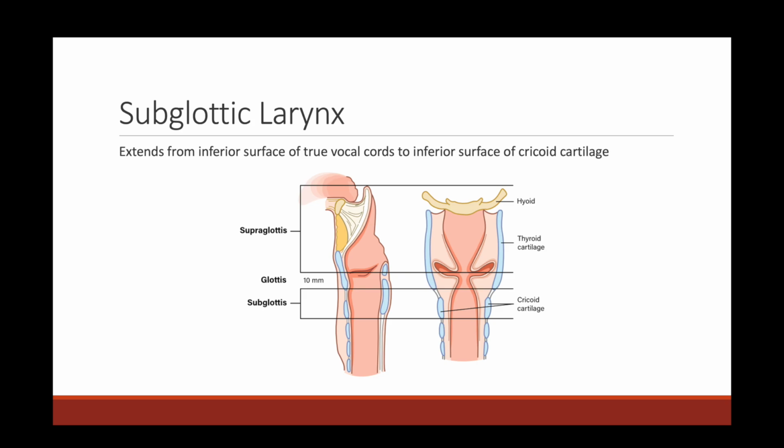The other anatomical point that I'll draw your attention to on this slide are some of the important landmarks within the larynx. We have the hyoid bone, as we talked about, which is the most superior landmark. We talked about how the epiglottis that belongs to the supraglottic larynx can be divided into the suprahyoid versus the infrahyoid epiglottis. We have our thyroid cartilage, and around the thyroid cartilage is our actual thyroid gland.